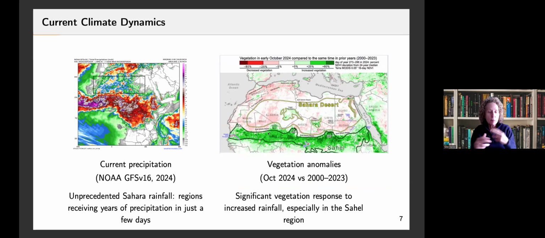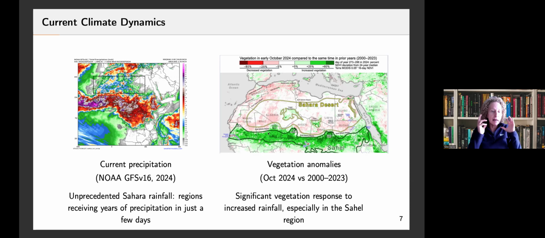I was reading the newspapers and the climate data and the blogs, etc., on the internet. And then I saw that late last year, about a year ago, October 2024, there was this major rainfall event in the Sahara region that I show in these two slides, the precipitation and the vegetation anomalies, one on each side.